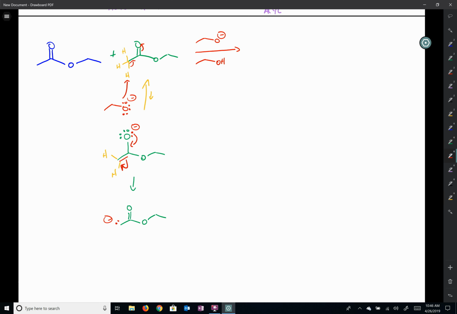So yes, it's stabilized, yes, we have to worry about equilibrium, all this kind of stuff. We're not ignoring any of that. We're just saying, hey, this forms to an appreciable amount, enough for a reaction to happen, and so that's what we care about.